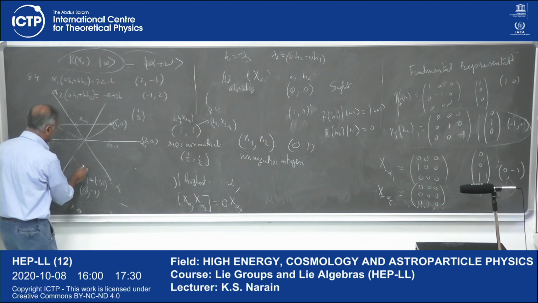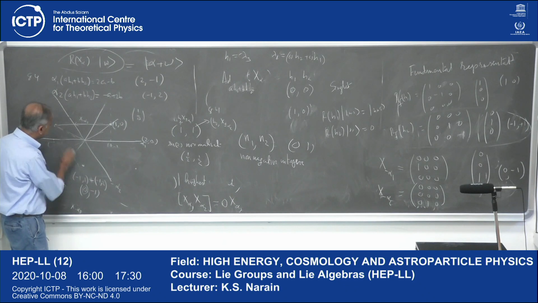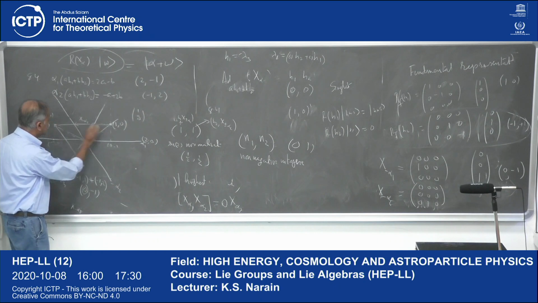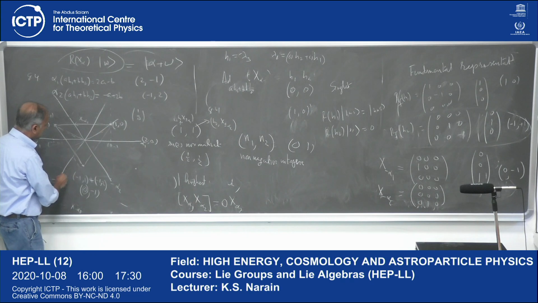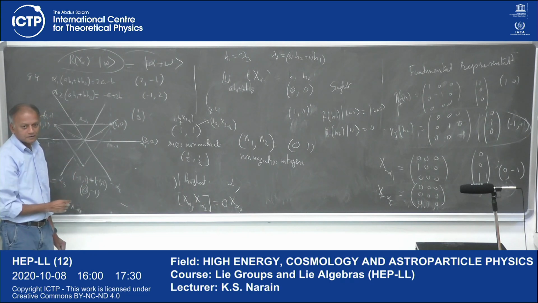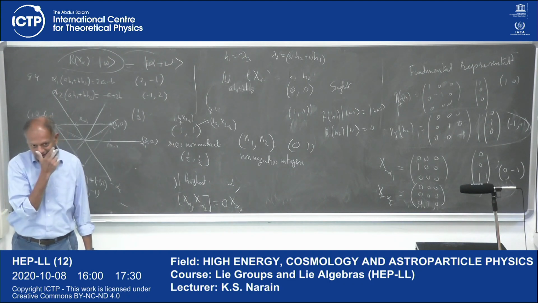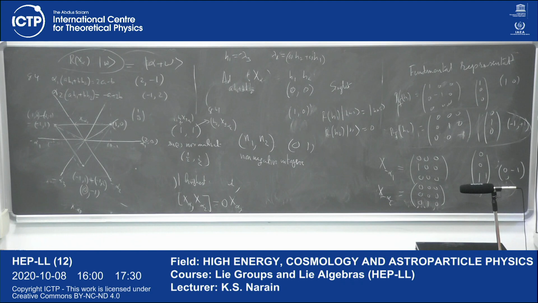This point here is a doublet under this SU2, and that is a doublet under this SU2. All this is happening because these 3 SU2s which we have are intertwined. They're not acting independently. It's not a direct sum of the 3 SU2s.